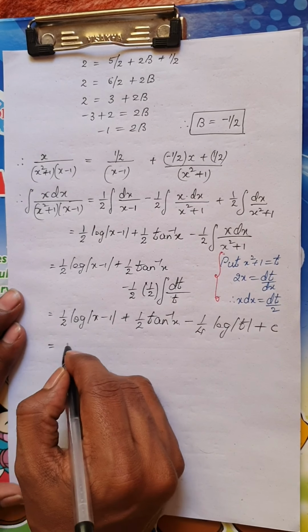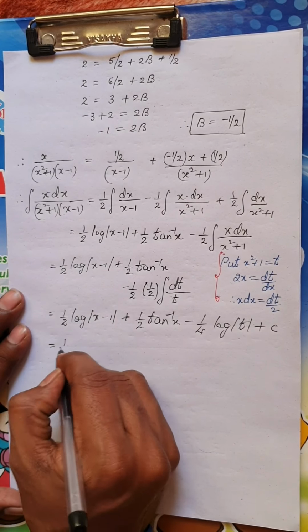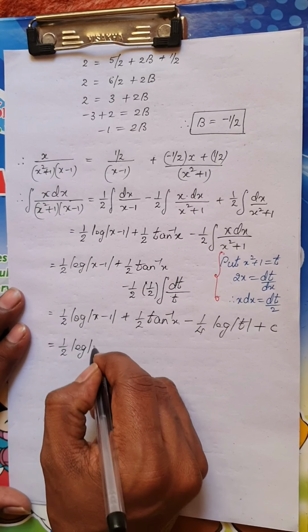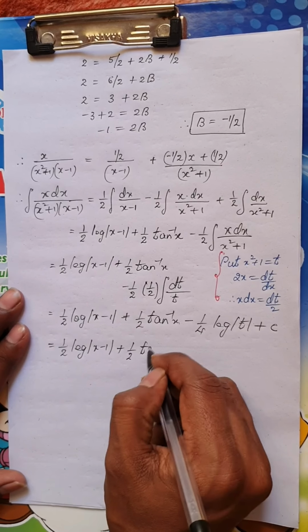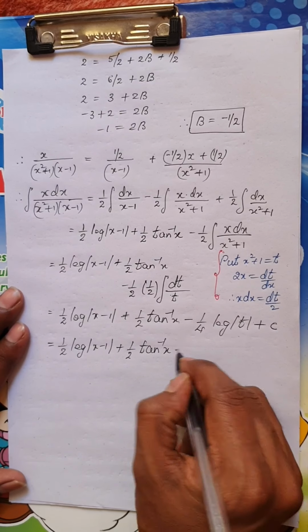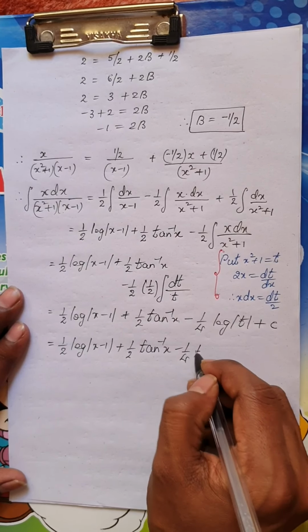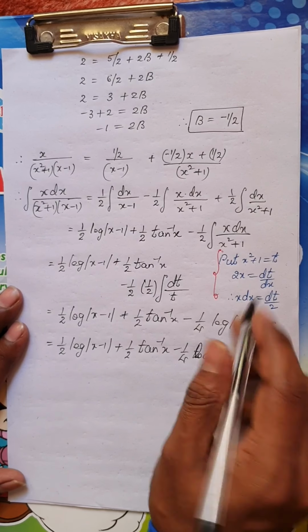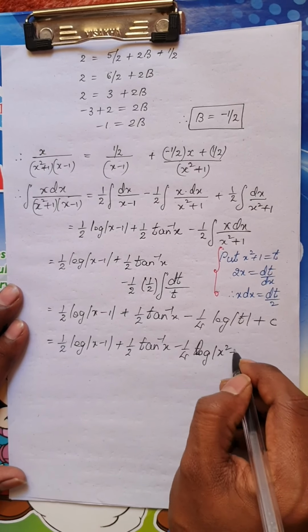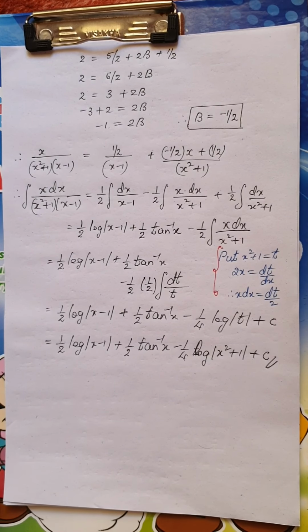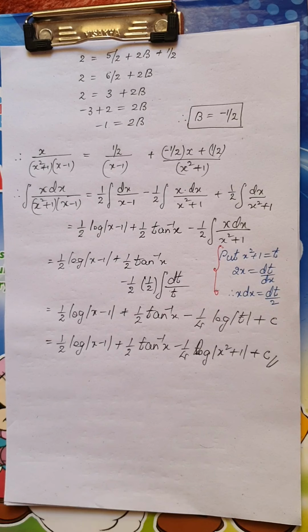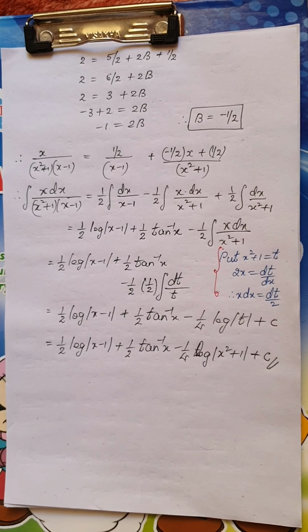This is nothing but, let me write this, 1 divided by 2 into log of mod x minus 1 plus 1 divided by 2 into tan inverse of x minus 1 divided by 2 into log of mod, what is t? t is x square plus 1, plus c, which is the constant of integration, and this would be the final answer for the above given function.